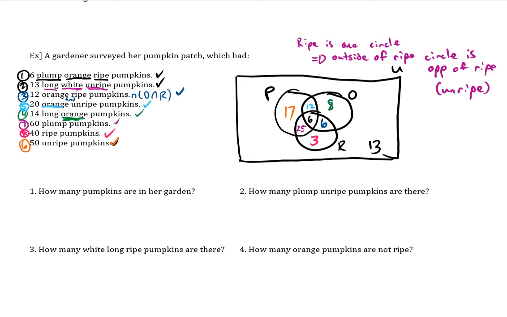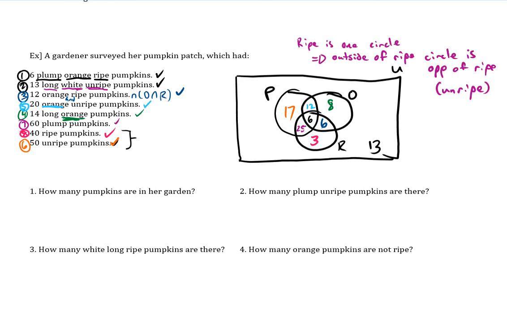One other thing about this problem that might be helpful is still thinking of opposites. These 2 are the opposites. This is telling you everything in the ripe circle and everything outside it.